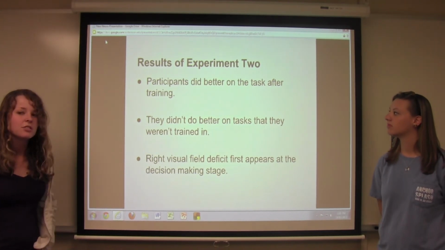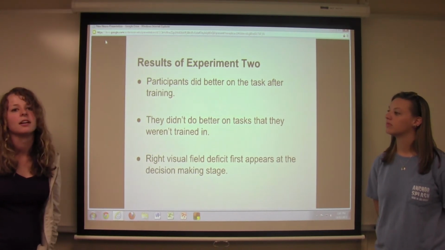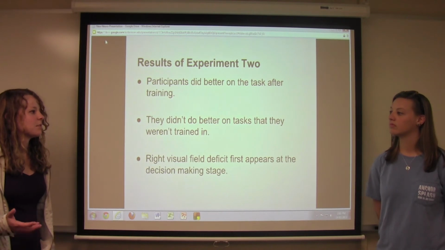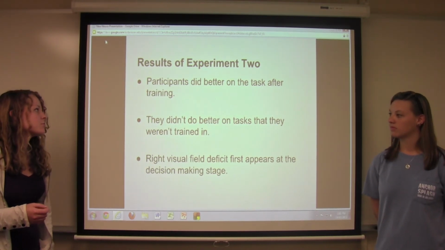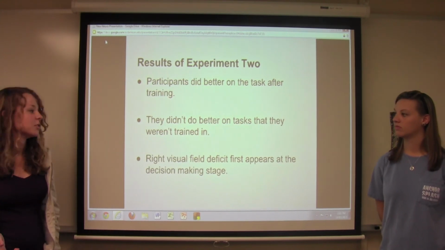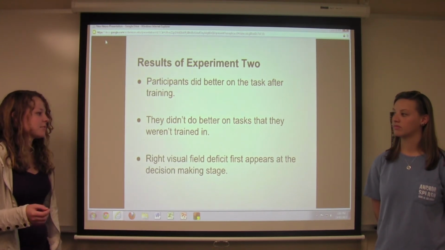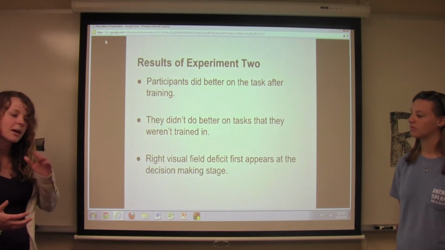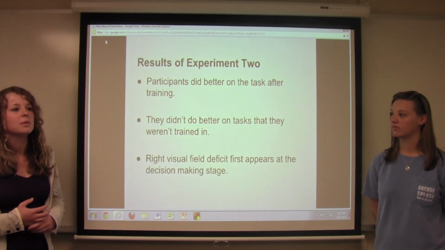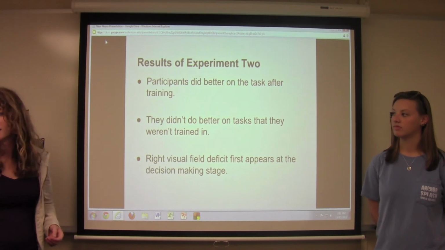They also found that they didn't do better on tasks that they weren't trained on, so some other type of judgment other than simultaneity. And from those results, the experimenters were able to conclude that the right visual field deficit first appears at the decision-making stage. So going back to the example of the guitar, that would be like something's wrong with the amplifier.